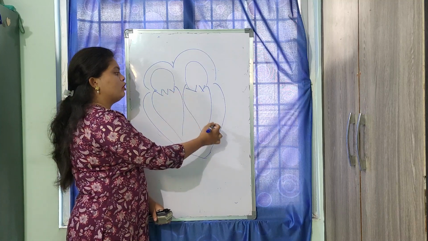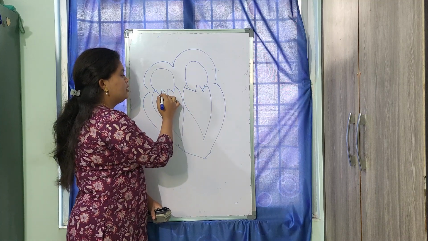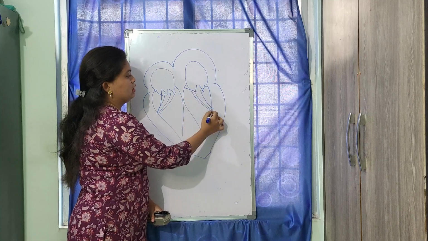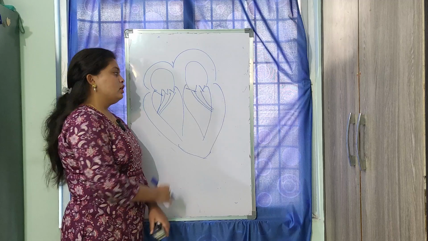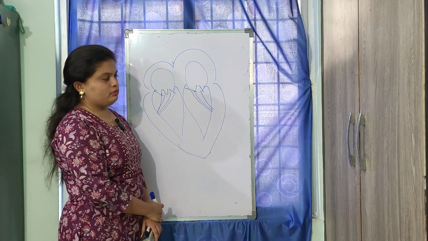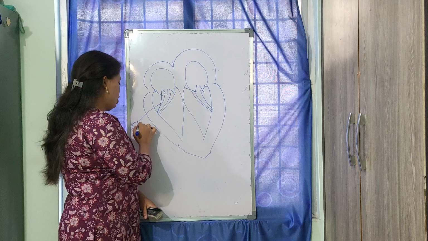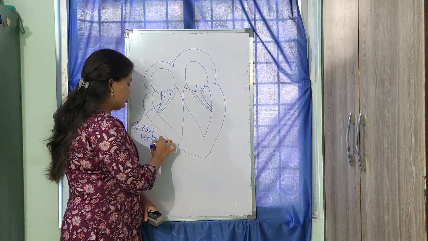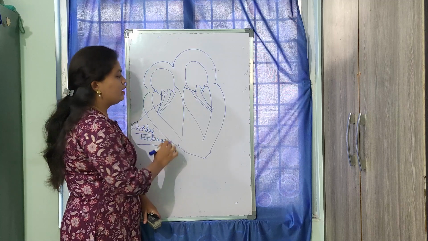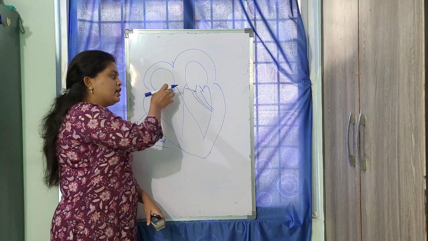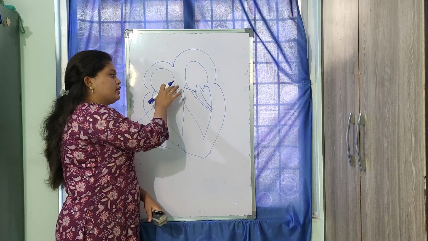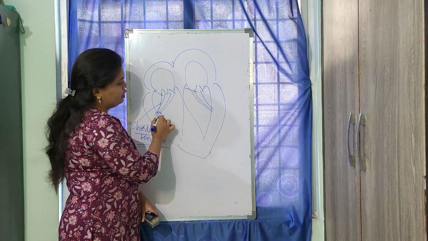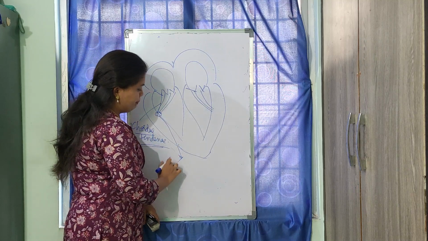These tricuspid and bicuspid valves have a thread-like structure attached to them. That is nothing but the chordae tendineae. This chordae tendineae is a thread-like structure attached to the tricuspid valve and the bicuspid valve, and it is again attached to a particular muscle called the papillary muscle.